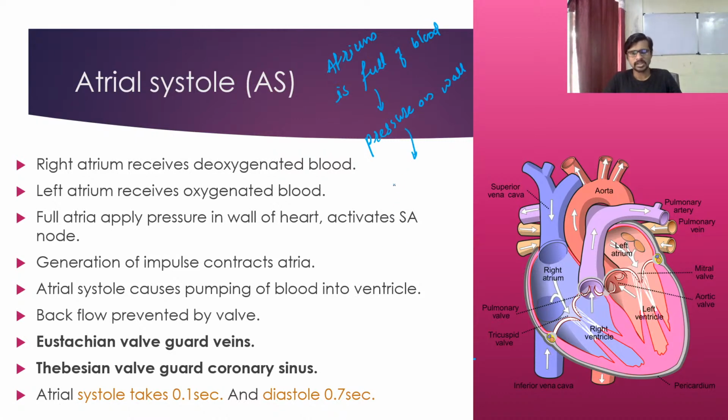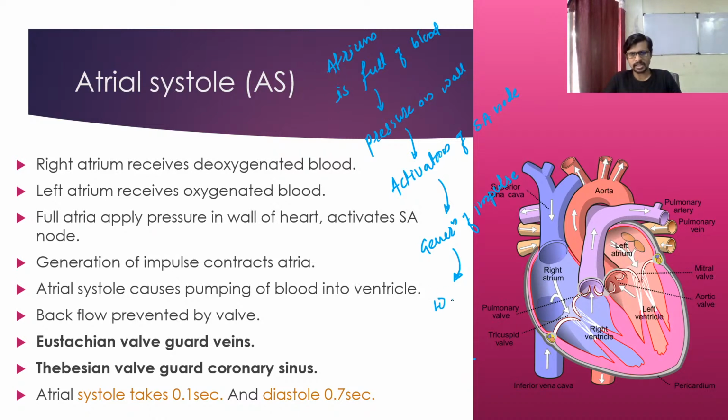This pressure causes activation of the SA node, and then there is the emission of a signal, or generation of an impulse, and this impulse moves through the wall of the atrium.